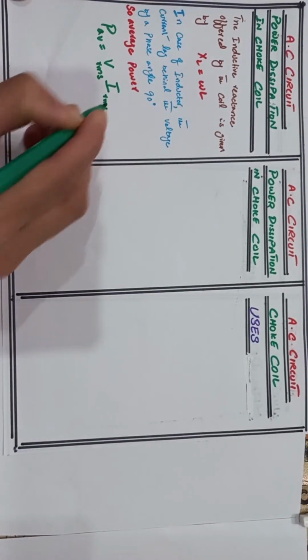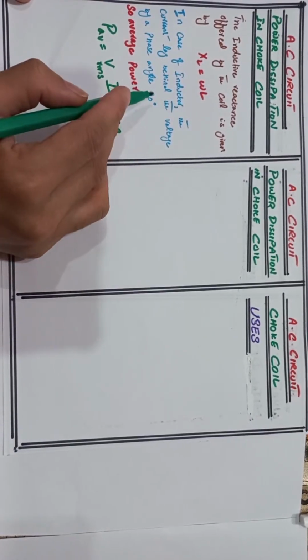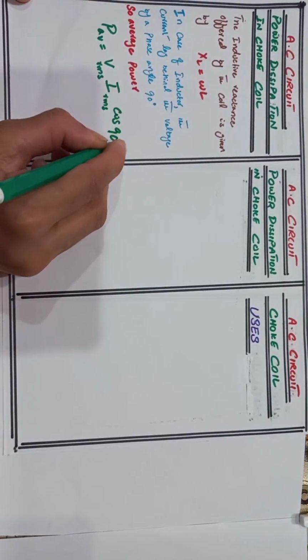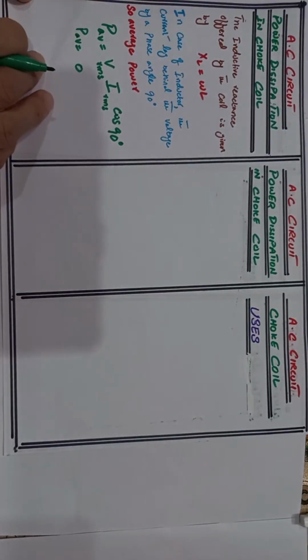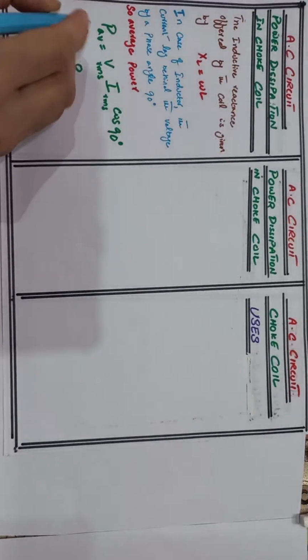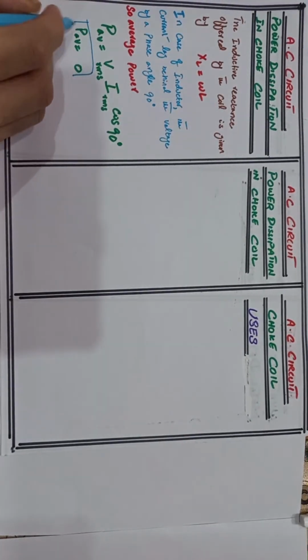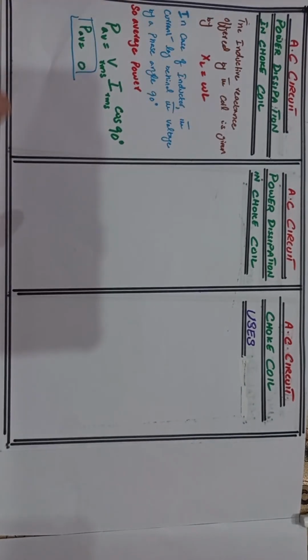The phase angle between the voltage and current is 90 degrees, and we know that cos 90 degrees is equal to 0. When the average power is 0, this means that no power is consumed, only power is exchanged between source and load.